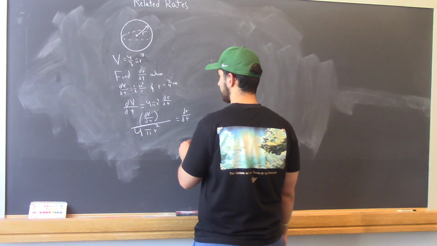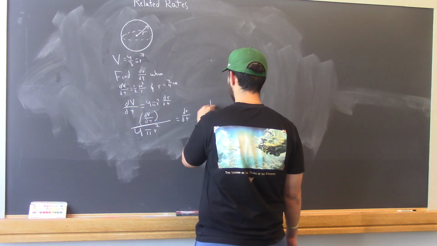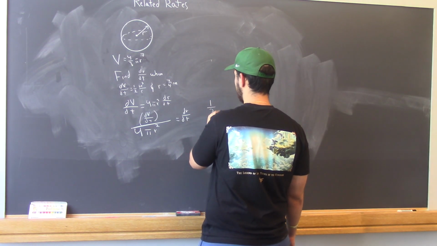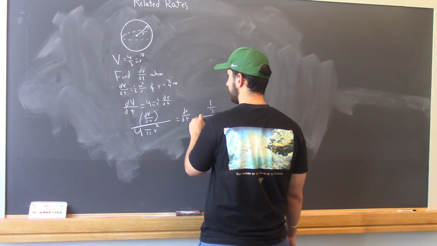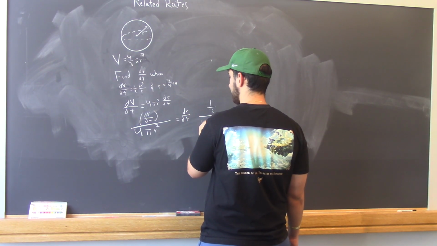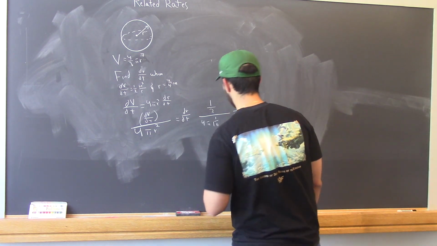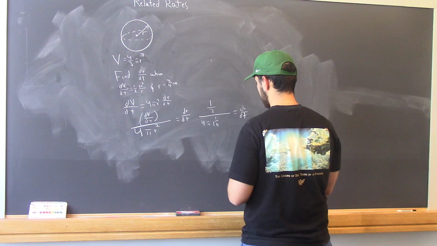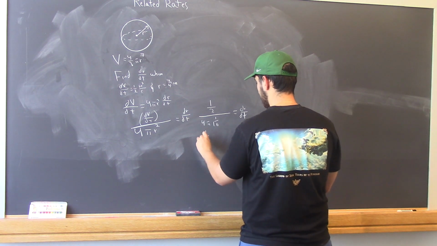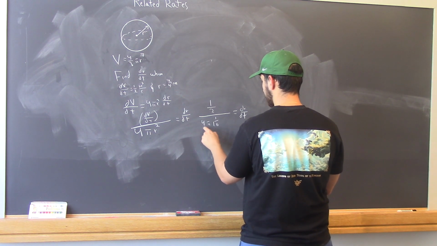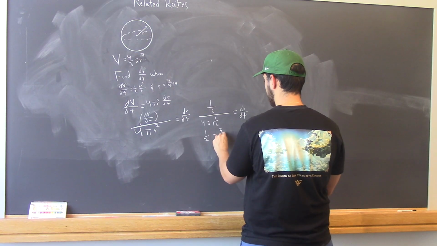So you get 1/2 divided by 4 pi times 1 over 16 equals dr/dt. Oh wow, these are some nasty units. So you get 1/2 divided by pi over 4.